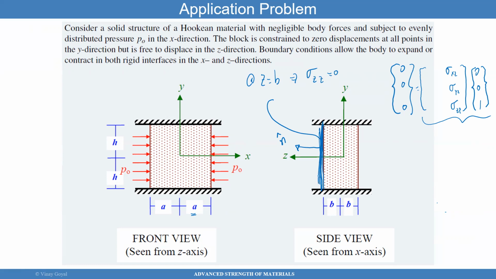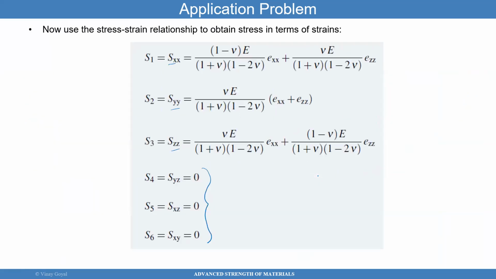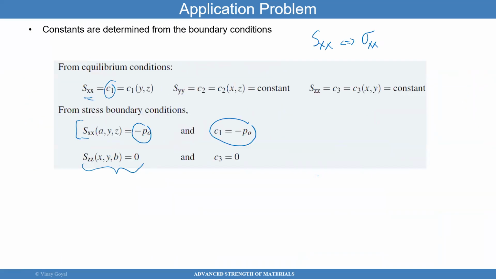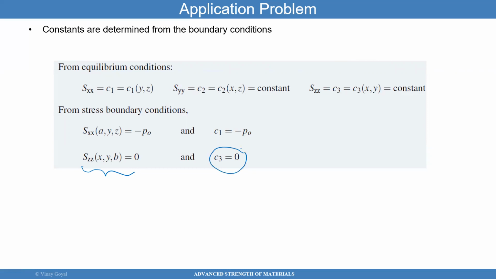Also the shear stresses too. And so that's why I wrote that SZZ, and this is an example from my book, but it's worth going through it. That's why SZZ, the stress in the z direction, is 0 because of that boundary condition. And C3 is 0 as a consequence.